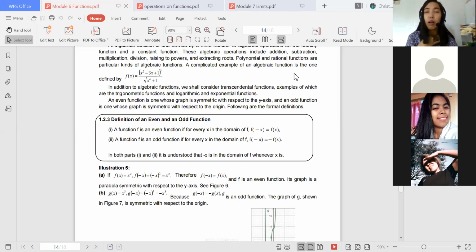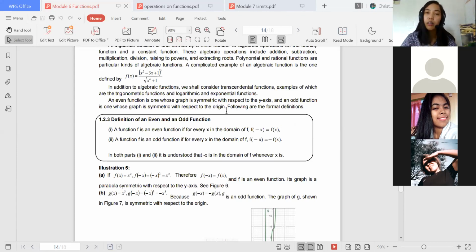We just consider parabolas opening upward and downward, because the ones opening to the right and to the left are not functions. And that is symmetric to the y-axis. And for the odd function, the example is a cubic function, and it's symmetric to the origin.